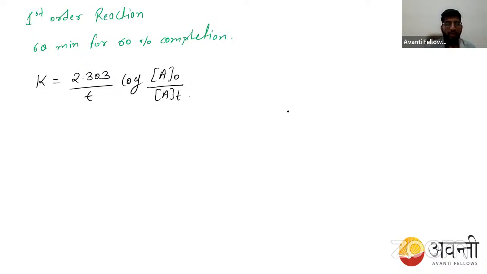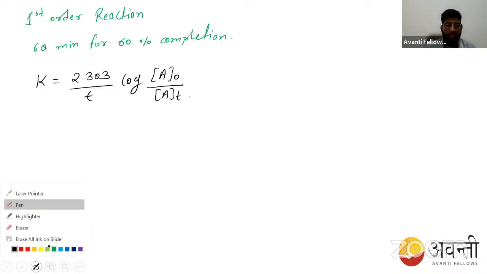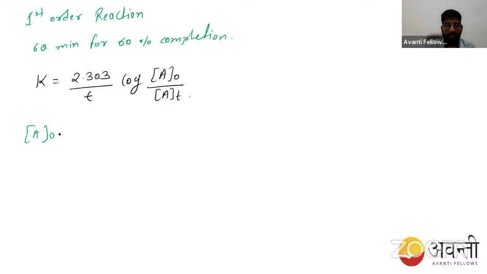I know that 60% reaction means A naught is 100. At 60 minutes, 60% of the reaction is completed, so A t at 60 minutes should be 100 minus 60. That is the reactant which is left over.